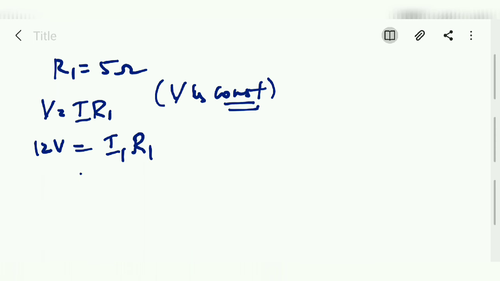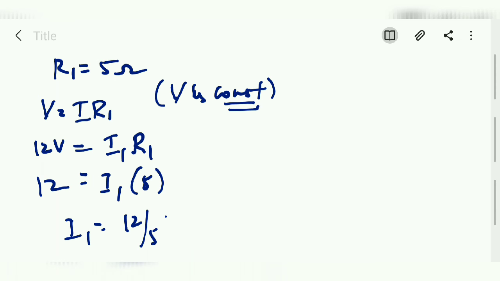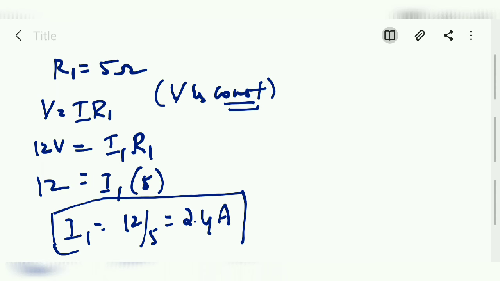We know R1 is 5, and V is 12. So I1 is 12 by 5, which gives 2.4 amps. So this is I1, the current through resistance R1.